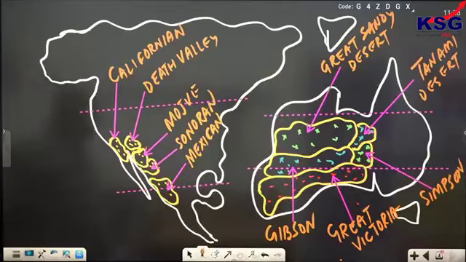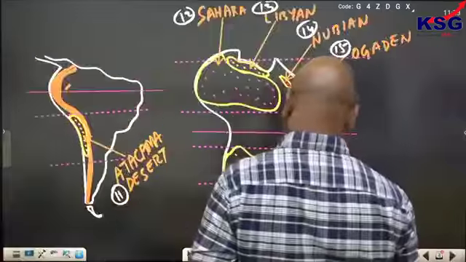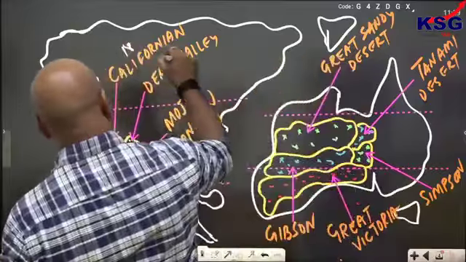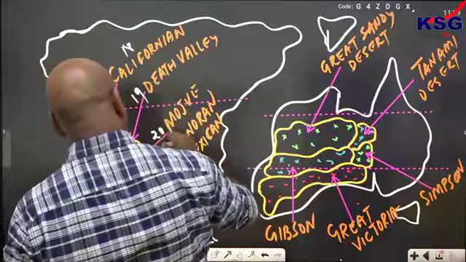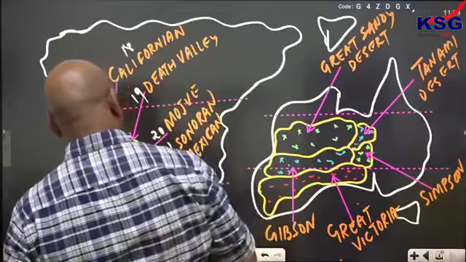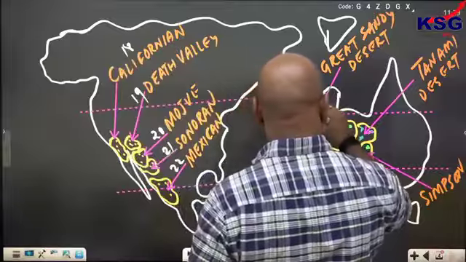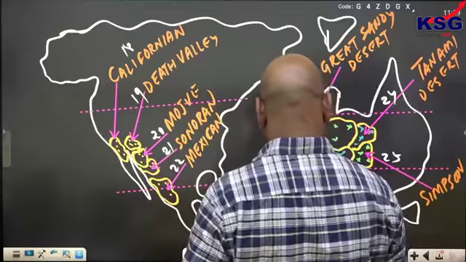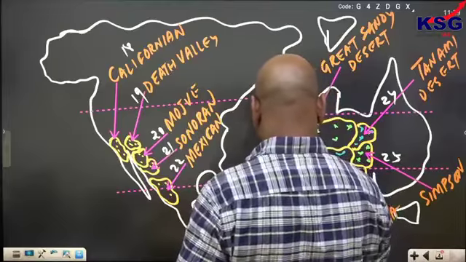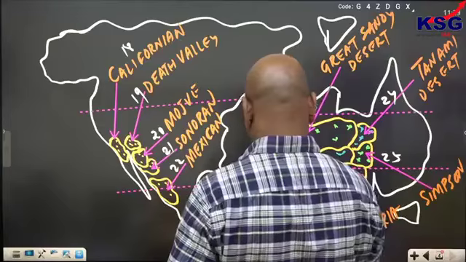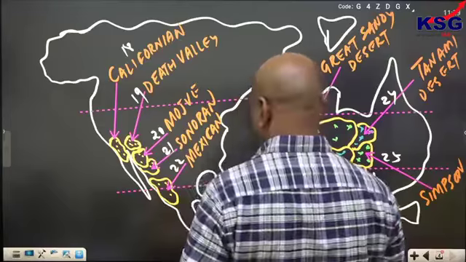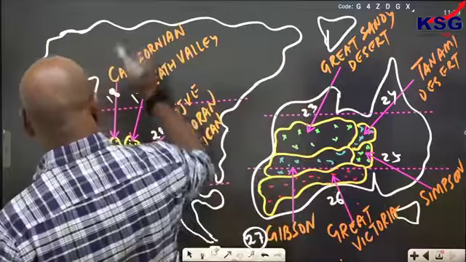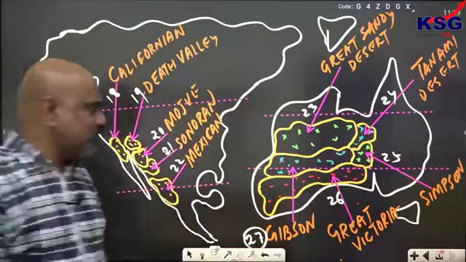Can you see these deserts? This is 17, number 18, 19, 20, 22. Okay, these are the deserts here.